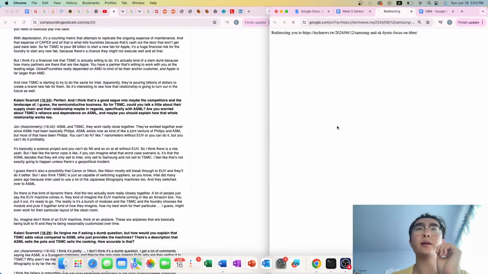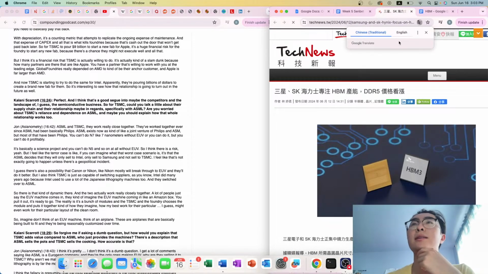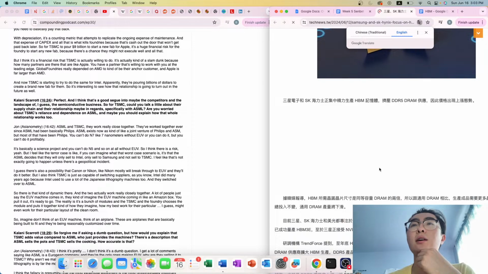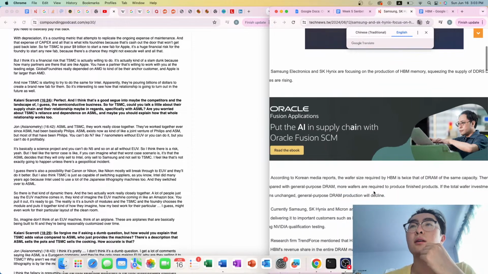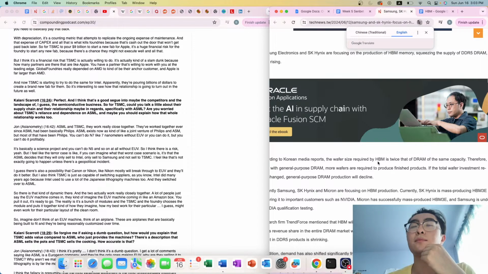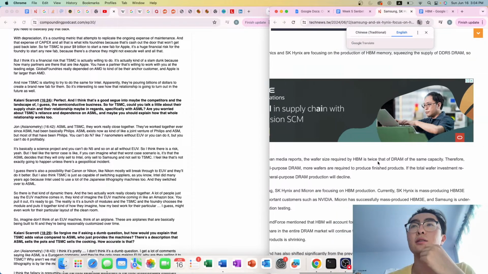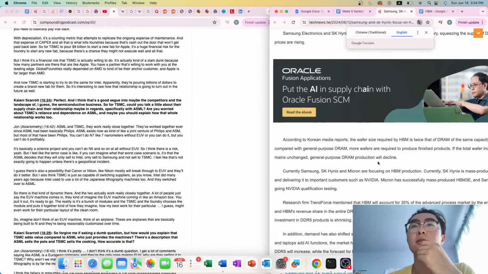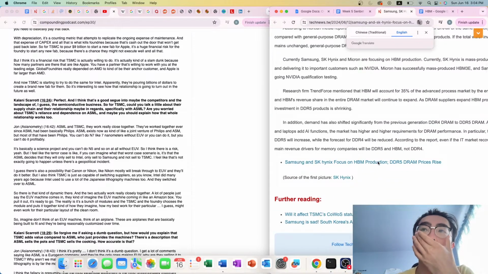So now that we understand a little bit more about the technical aspects of this, HBM is a standard that seems like it combines DRAM chips together though.